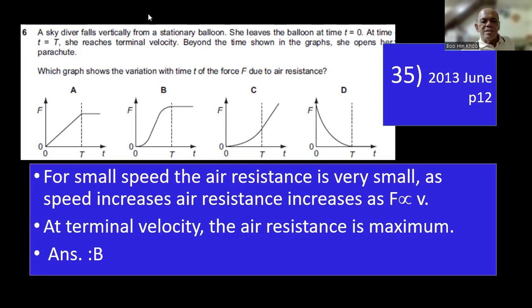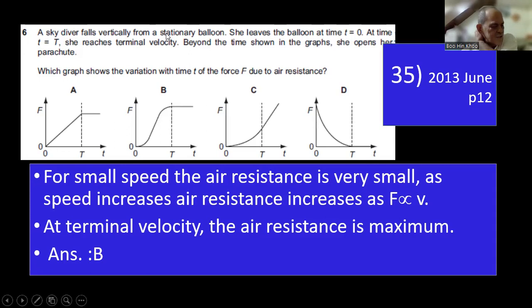You are told that she leaves the balloon at time t equals 0. That's where she leaves the balloon. At time t equals T, she reaches terminal velocity. Beyond the time shown in the graph, she opens her parachute. Which graph represents the variation with time t of the force due to air resistance?